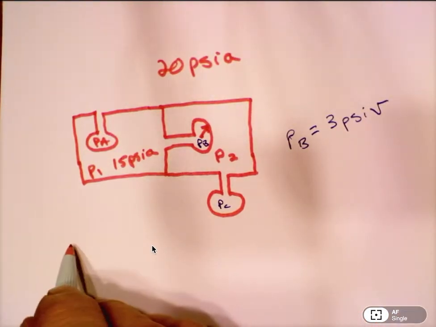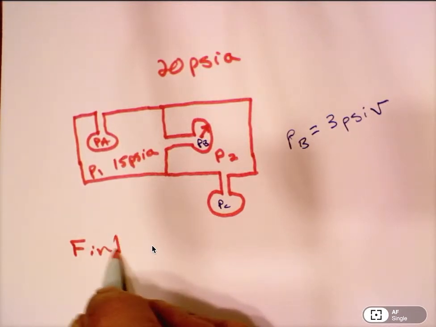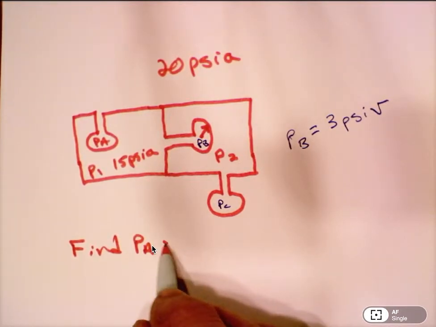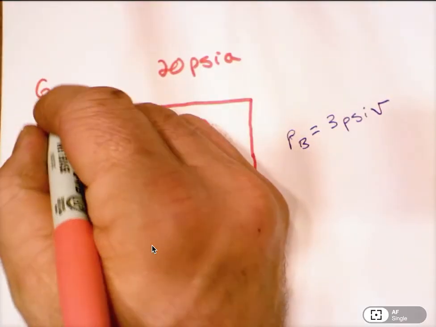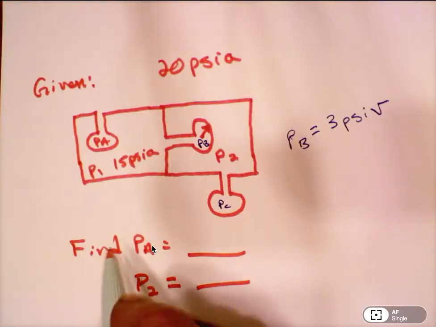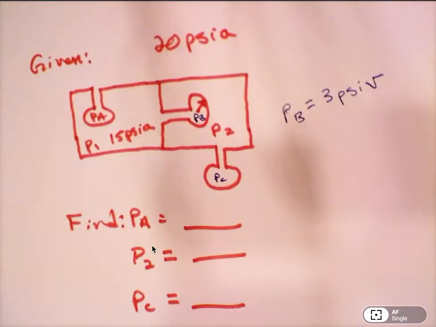So I want us to find, what does gauge A read? What is the pressure of system 2? And what does gauge C read? This is the given, and this is the find, and I'd like you to press pause and use our fundamental equation to find PA, P2, and PC.